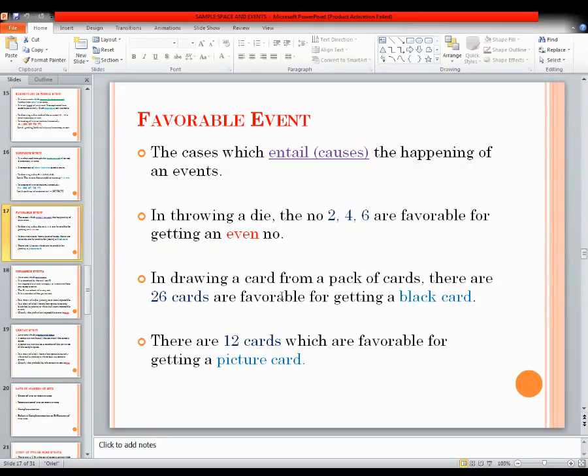In a pack of cards, there are 26 cards which are favorable for getting a black card. You know there are 52 cards, and out of these, 26 are black and 26 are red. So the 26 black cards are favorable for a black card, right?